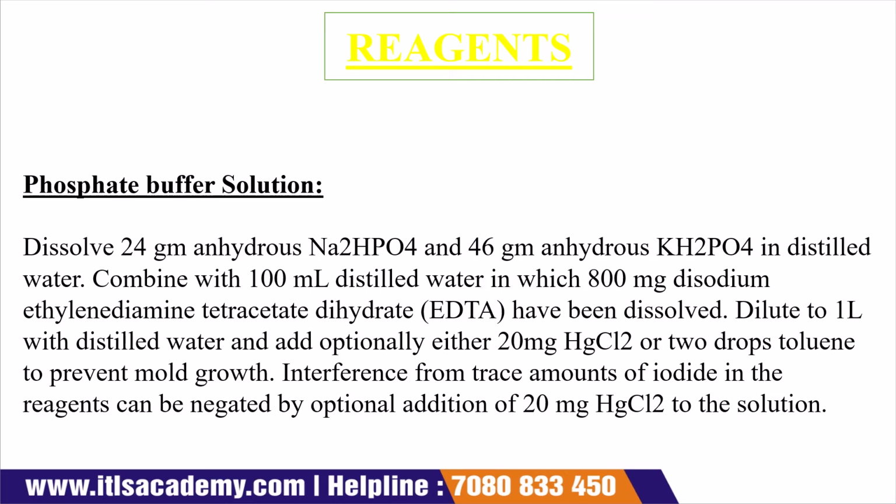The first reagent that we require is a phosphate buffer. For this, we take 24 grams of Na2HPO4 and 46 grams of anhydrous KH2PO4, and dissolve them in 100 ml of distilled water.